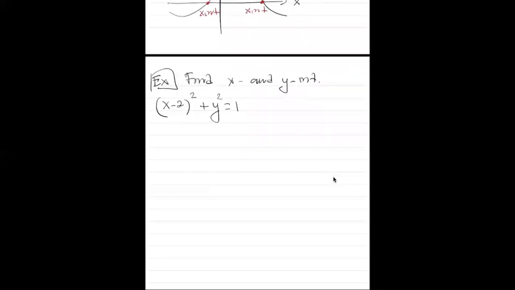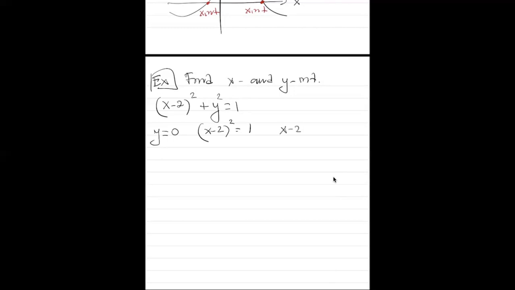And to find the x-intercept, we're going to set y equals 0 and solve for x. So we have x minus 2 squared equals 1. And there's more than one way we can solve this. You can square and then move everything to one side and factor, but here's an easier way.